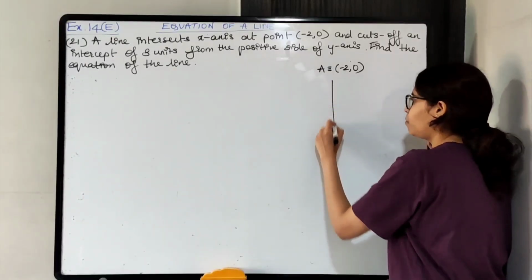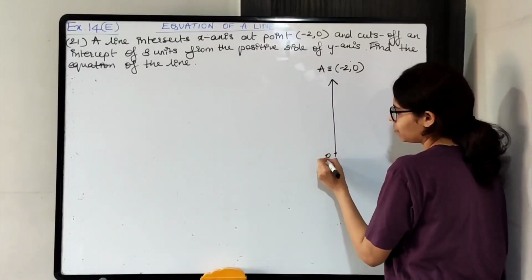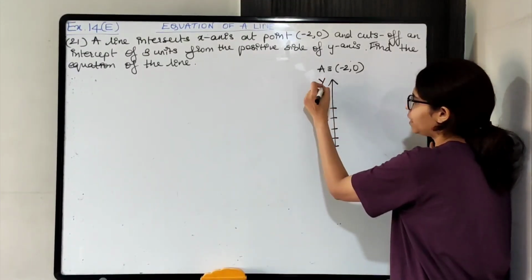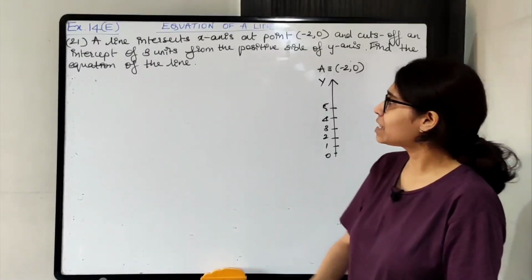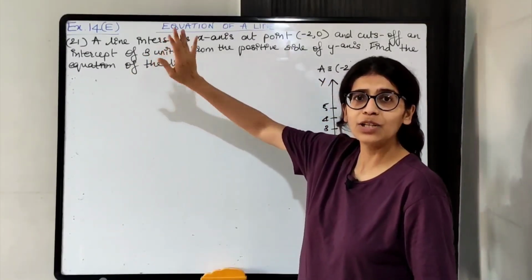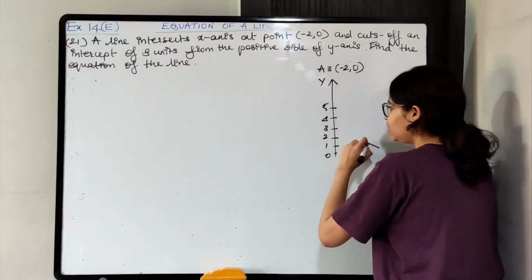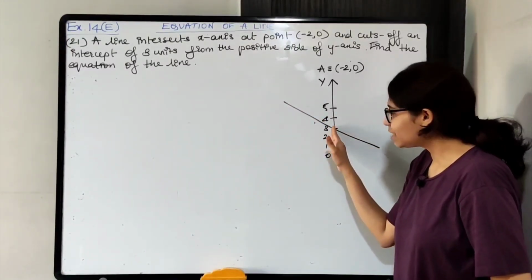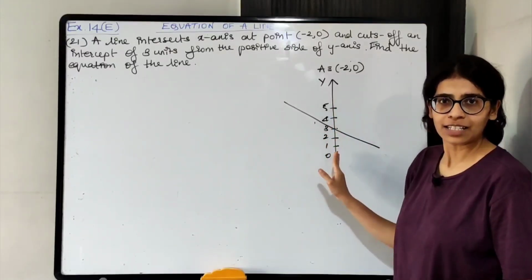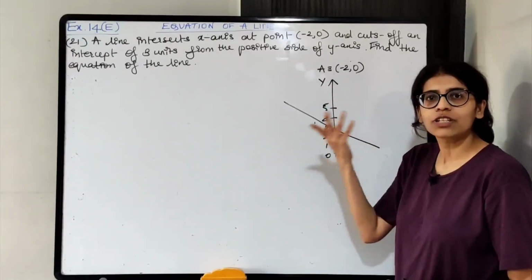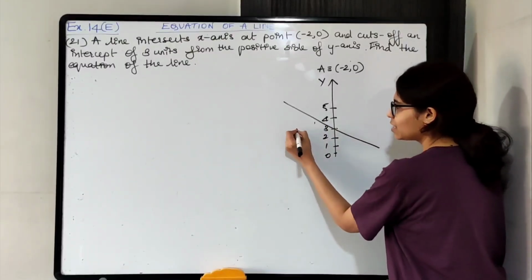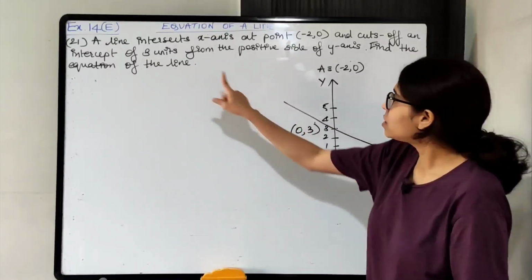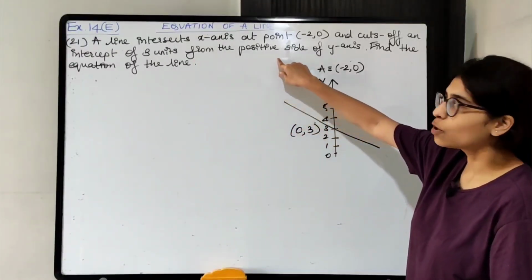So positive side of y-axis: 0, 1, 2, 3, 4, 5. Okay, we consider the positive side of y-axis. It makes an intercept of 3 units. So the line is cutting at 3. Okay, so this is the point where the line is cutting y-axis, therefore this point is lying on y-axis. So what will its coordinates be? x coordinate 0, y coordinate 3. y is plus 3 because it is making an intercept of 3 units from the positive side.